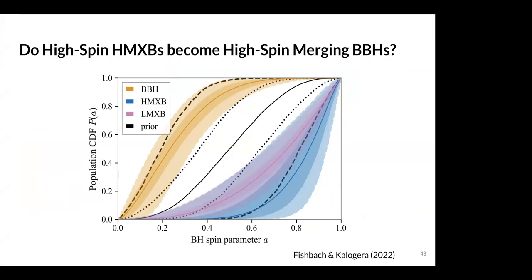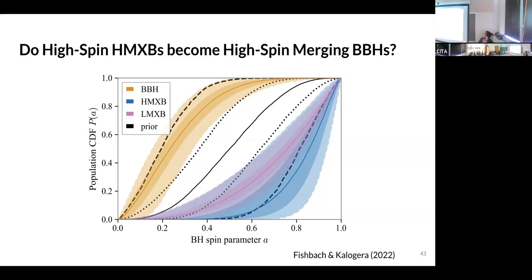And so it suggests that everybody should be on this game and try and understand it. So what is the understanding of why this is so different? What is selecting against these higher spin entities that are in the X-ray binaries, that they're not merging? Is it because they've spun up or something?